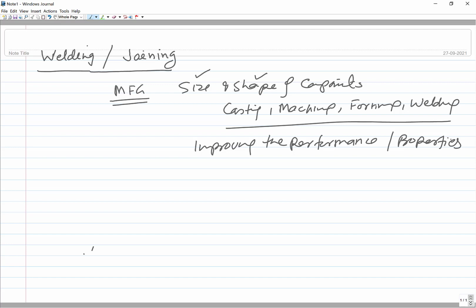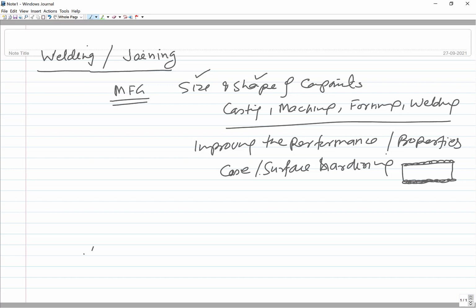There are two broad processes under this category. One is case or surface hardening, where only the surface properties are altered.